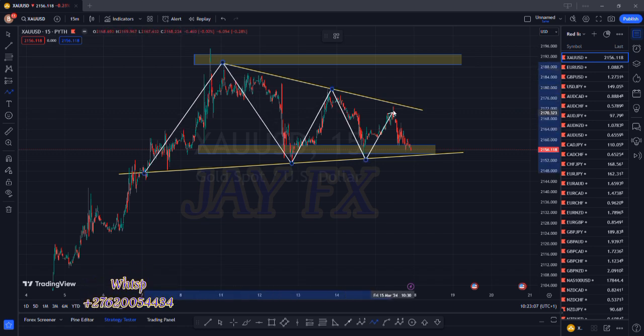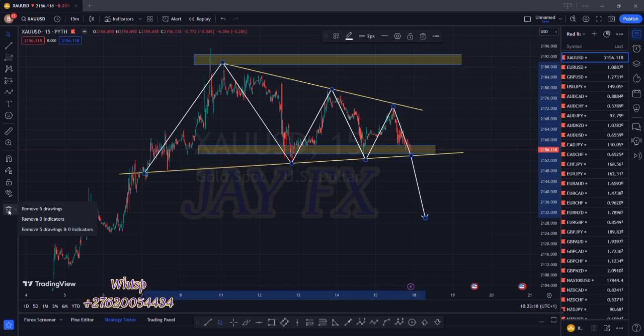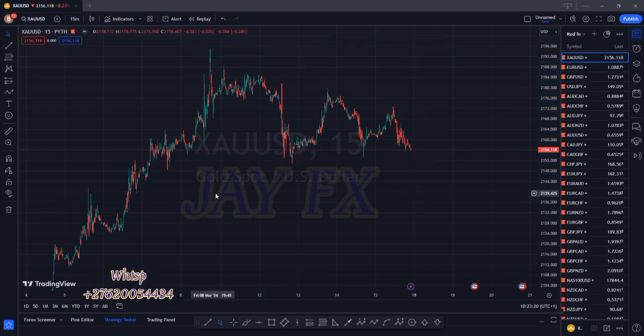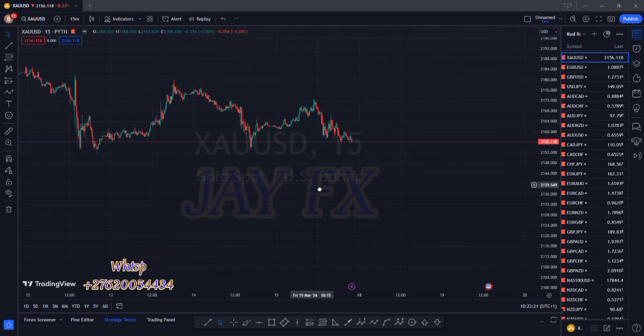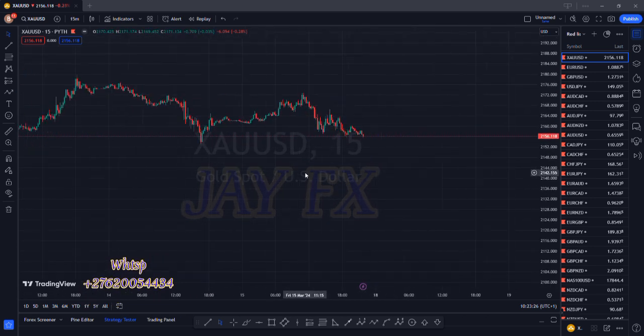You can see that the market has to go down here and retest and then go down. Besides that, if you zoom out, I'm going to show you something you must combine with our analysis.